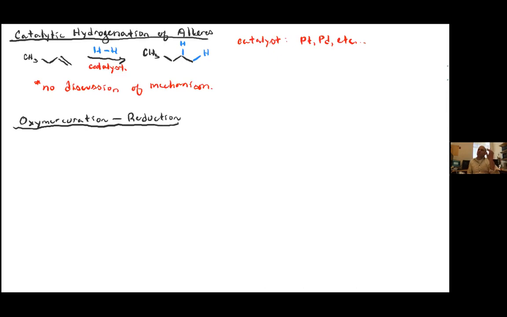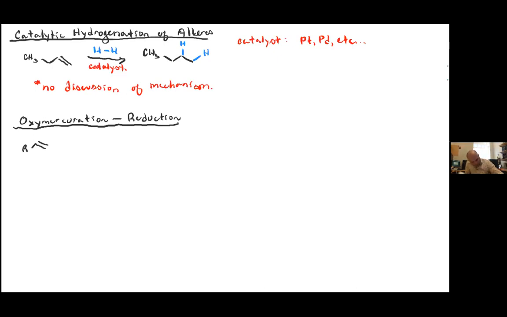But this is what we call a two-step process. We're going to start with our alkene, treat with a mercury salt and water, and that's going to form a discrete intermediate that we refer to as an organomercury complex. Then in the second step, we're going to reduce that complex to get rid of the mercury.